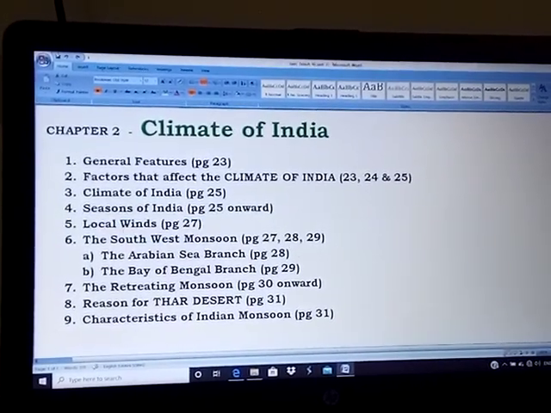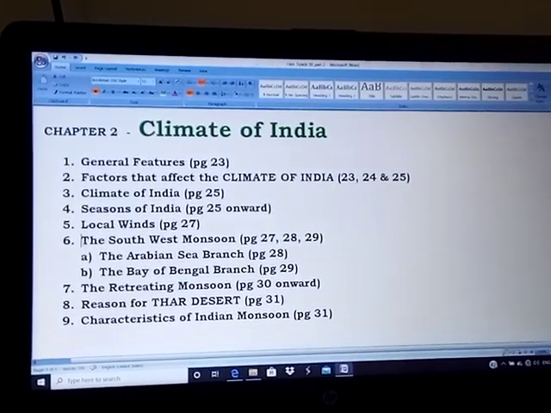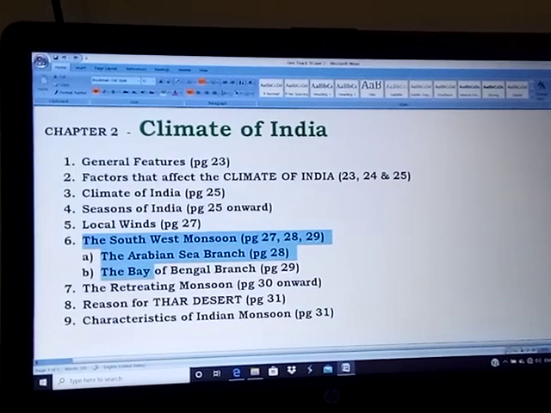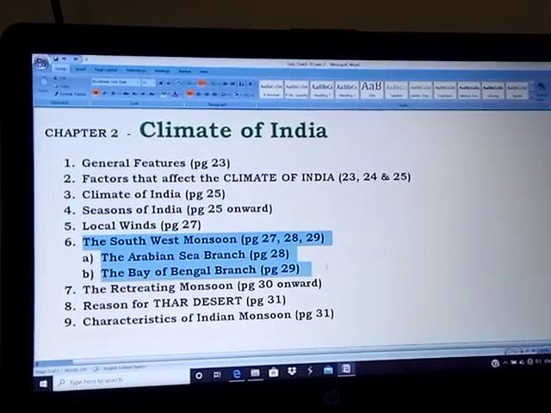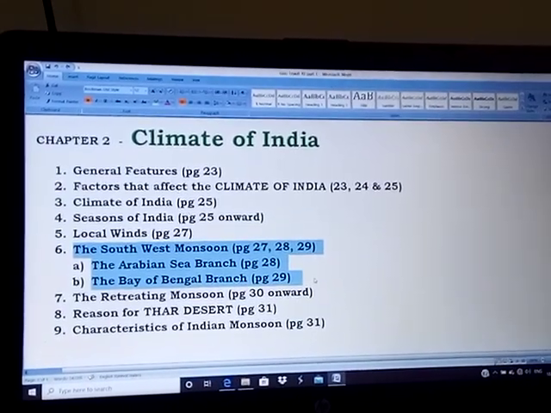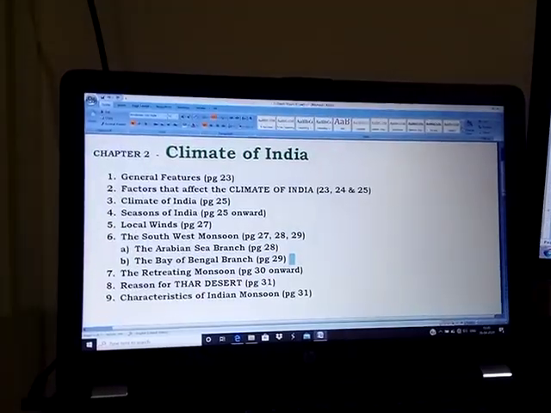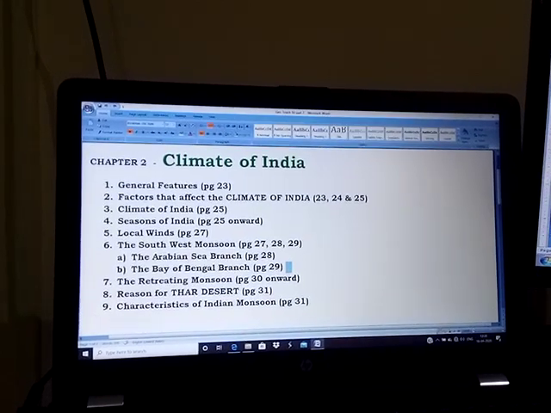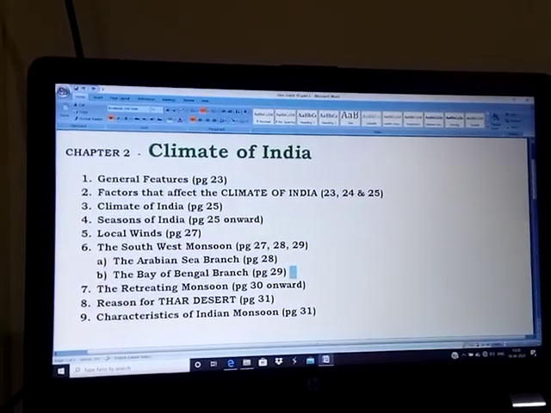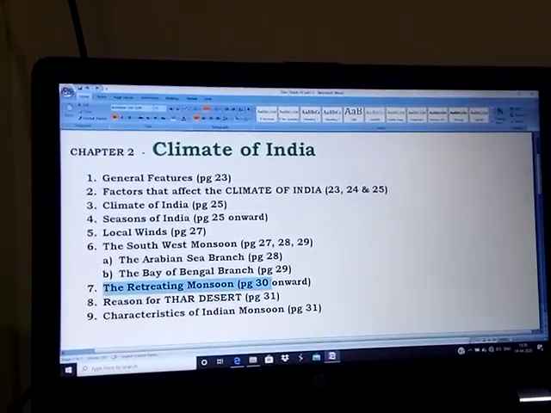Then you have the southwest monsoon, which has got 2 branches, the Arabian Sea branch and the Bay of Bengal branch. Then after that, when the same southwest monsoon goes back, we call it the retreating monsoon.